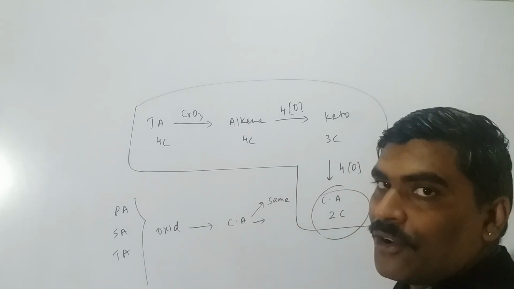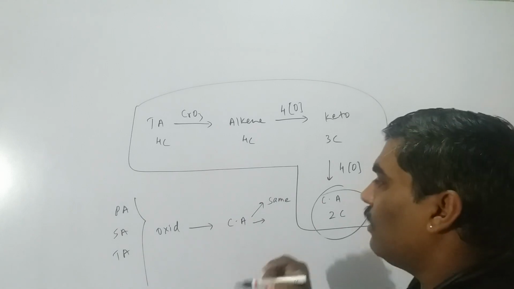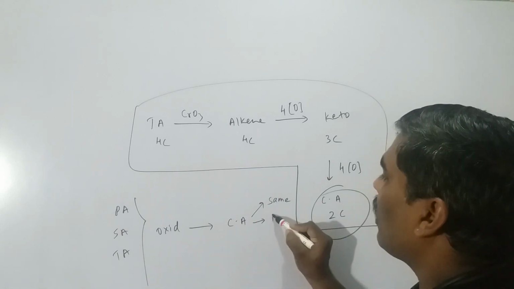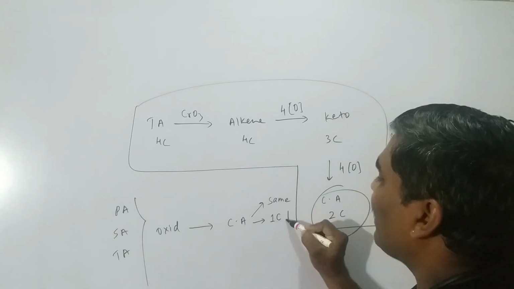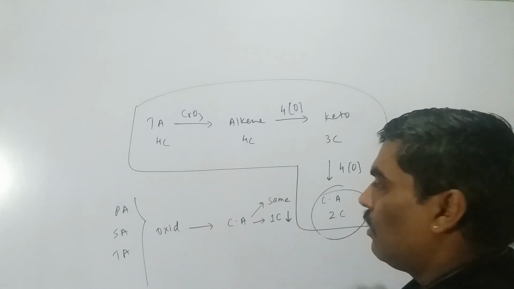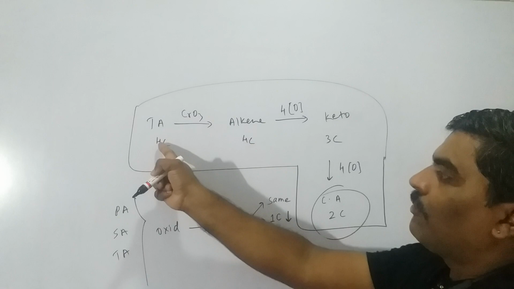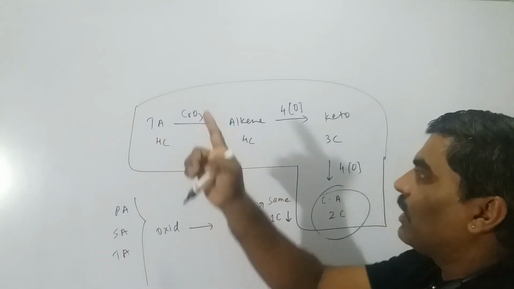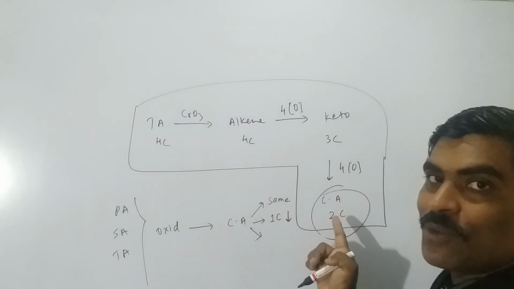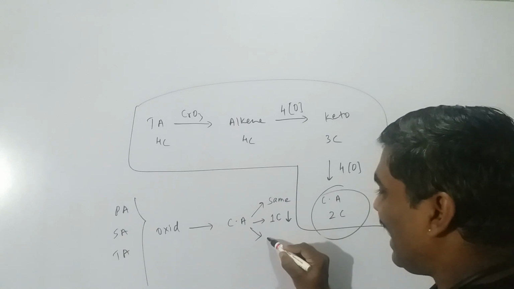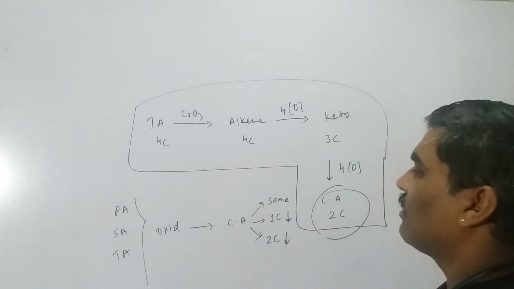In case of secondary, it gives acid containing one carbon less. And in case of tertiary, see this, four carbons are there, but the acid which can be obtained contains two carbons less than the alcohol.